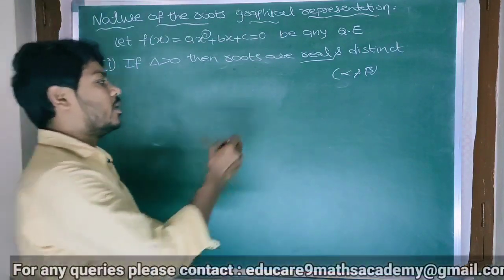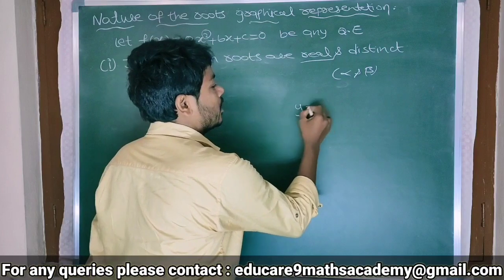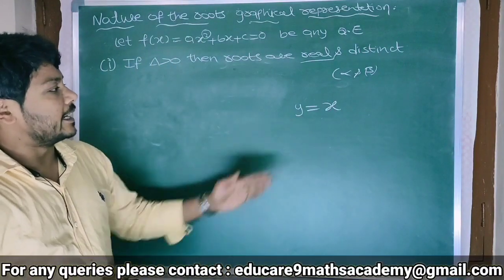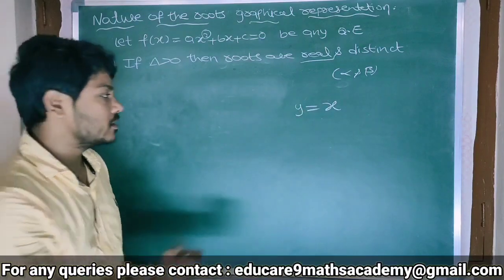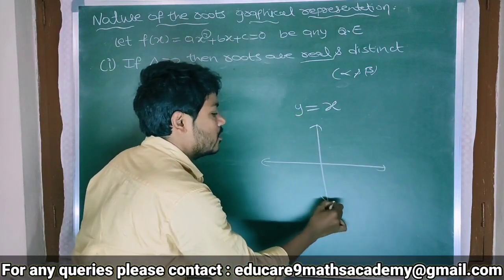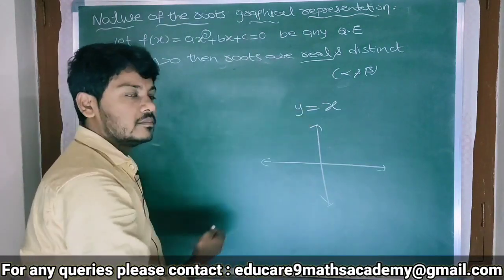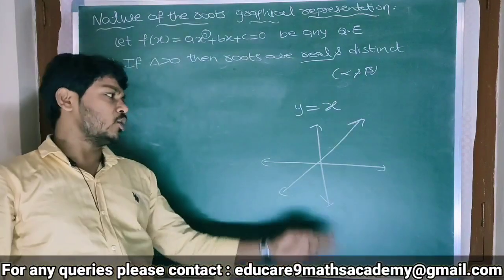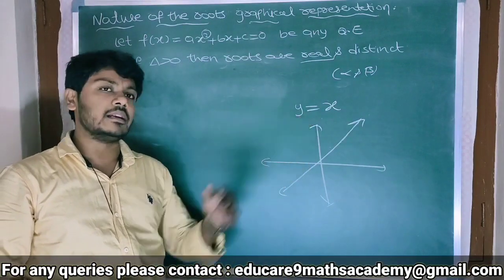So for example, y = x. Write it in the form y = mx. This graph is passing through the origin, like this. So what is the root of this line?